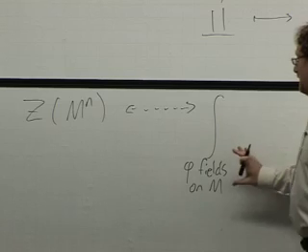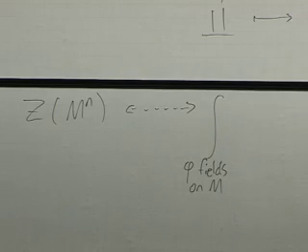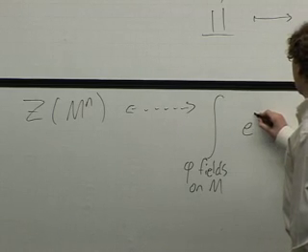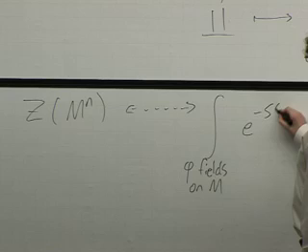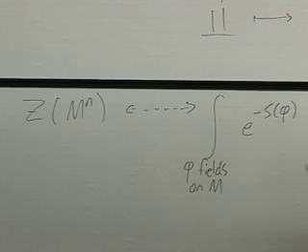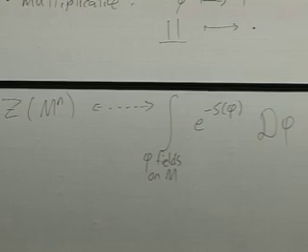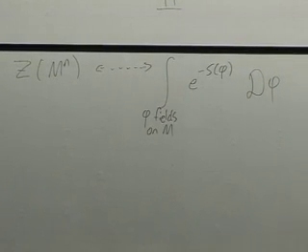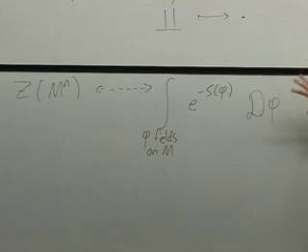So there's some typically infinite dimensional space. And we have a functional which is written in the form e to the integral of minus an action of the field. So there's some functional on the space, which you can think of as some kind of Gaussian. And we integrate this thing against some measure on phi. So this is sort of the caricature of where topological field theory comes from.